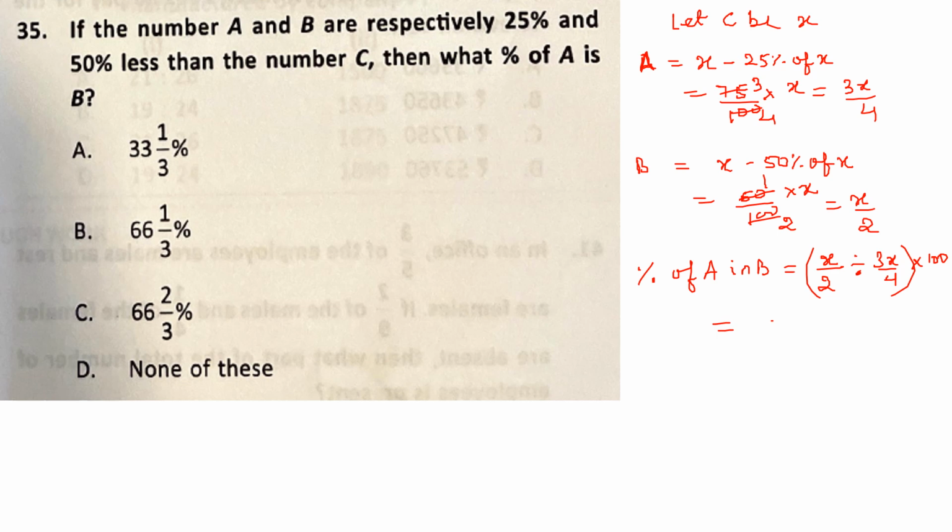If you solve it, it will be x by 2 into 4 by 3x into 100. So x and x will get cancelled. 2 times 1, 2 times 4. So this will give me 200 by 3. And 200 by 3, if I convert to mixed form, it will be 66 whole 2 by 3%. So the correct option is option C.